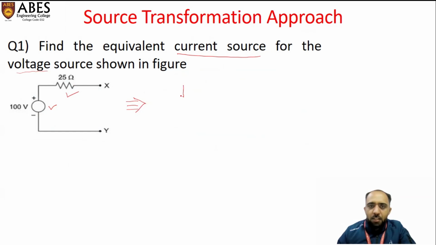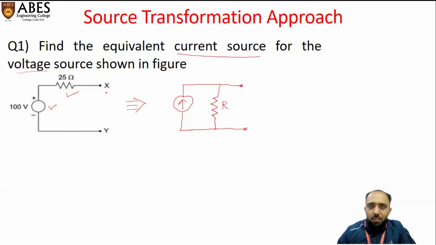We all know that the practical current source diagram is having current source in parallel with the resistance R, and you need to take care of this terminal also.